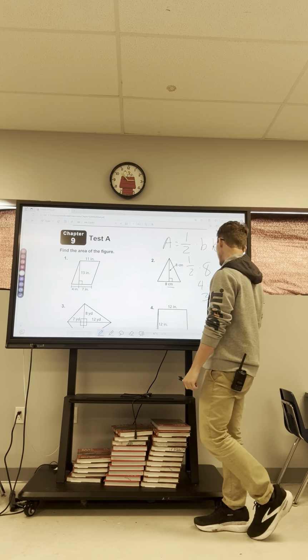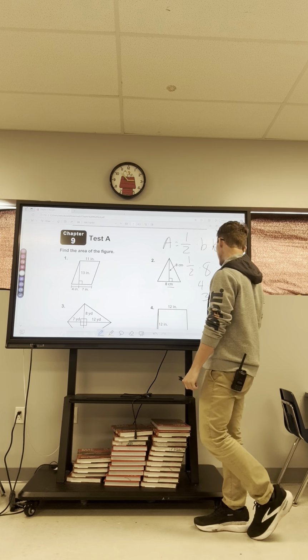Now we have to write the formula. Well, A equals 1/2 times base times height plus 1/2 times base times height. Notice again, I'm writing the formula every single time. It helps. It makes sure you don't forget the half, which I saw multiple times. And again, it's in our notes. So 1/2 times our base, we're going to choose the left side, is 16.